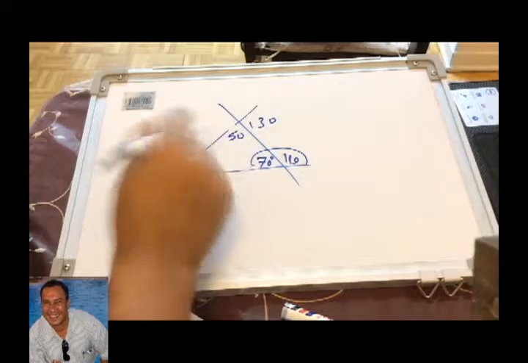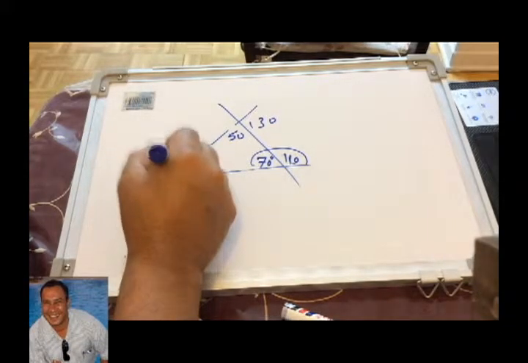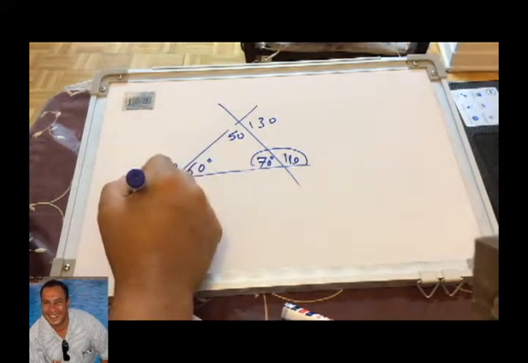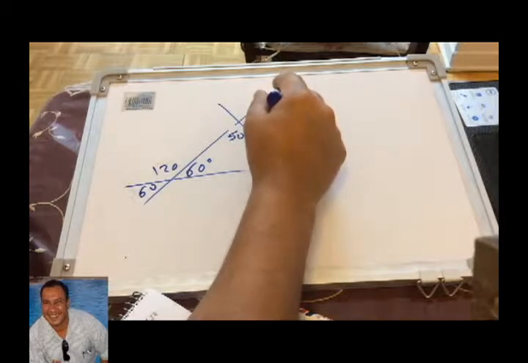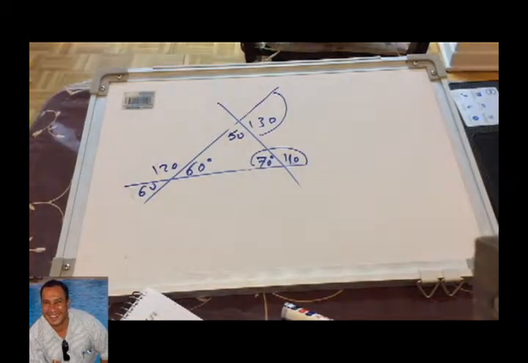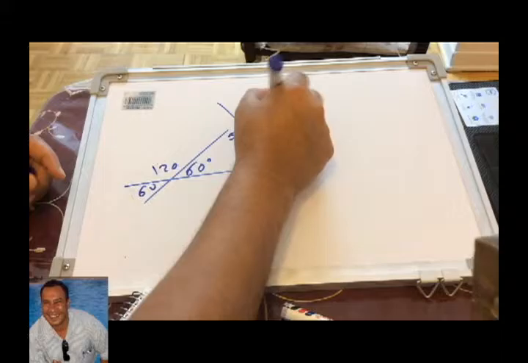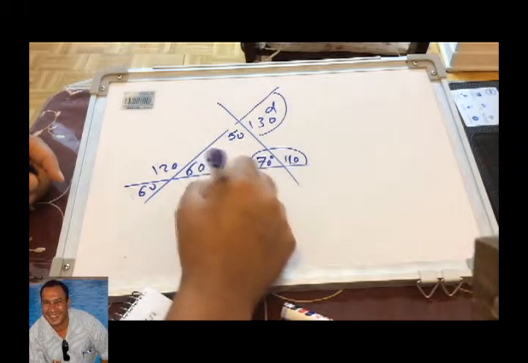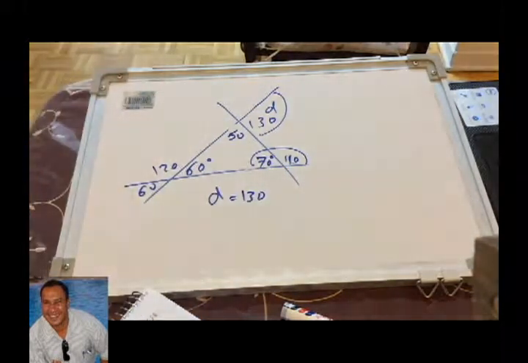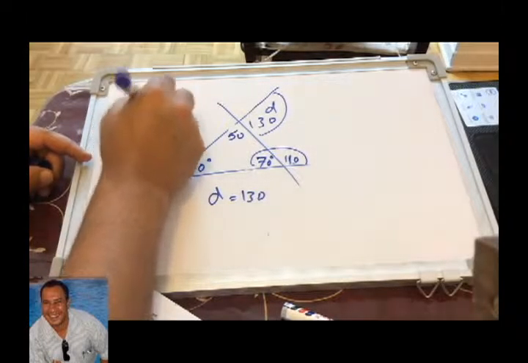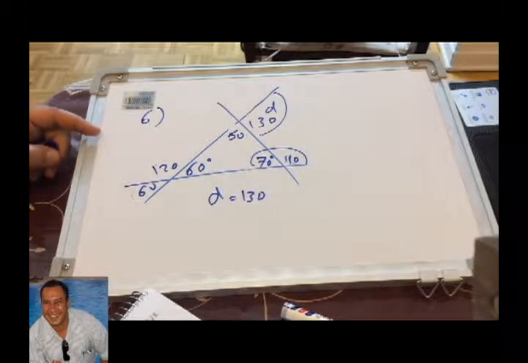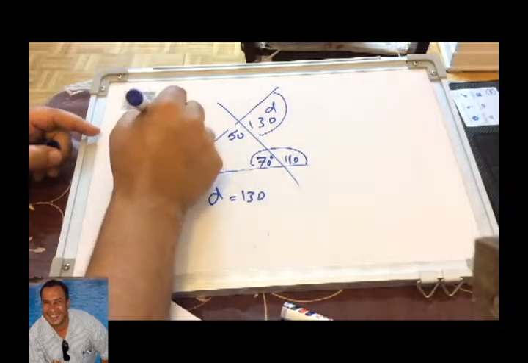This is 60, this means this is 120. So the greatest angle is D, which equals 130. So for problem number 6, the answer is D.